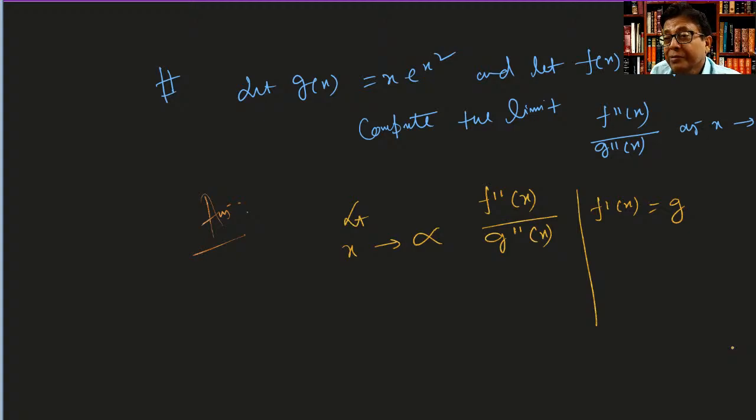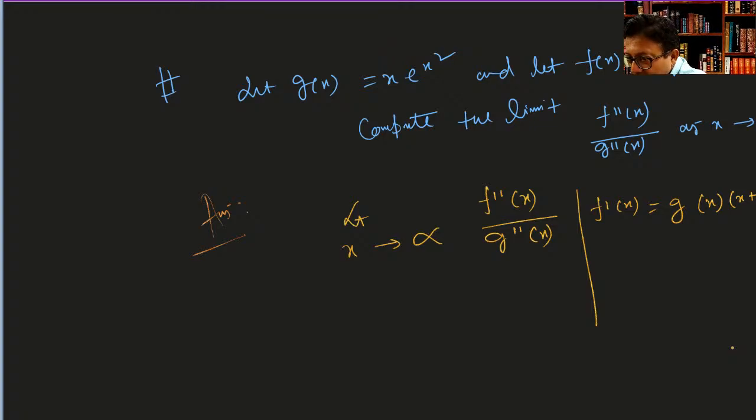You use Leibniz rule. g x into x plus 1 by x, because derivative of x is 1. Lower part is a constant, so Leibniz rule, if you apply, that will be 0. f dash x is found.